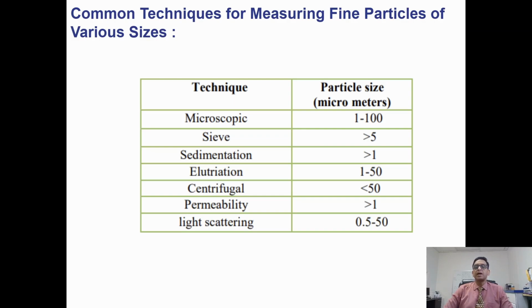The particle size range is 1 to 100 micrometers by microscopy, more than 5 by sieve analysis, more than 1 micrometer by sedimentation, 1 to 50 by elutriation, less than 50 by centrifugal methods, more than 1 micron by permeability, and 0.5 to 50 micrometers by light scattering.